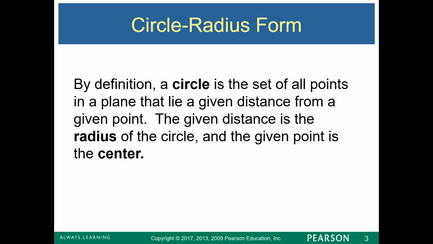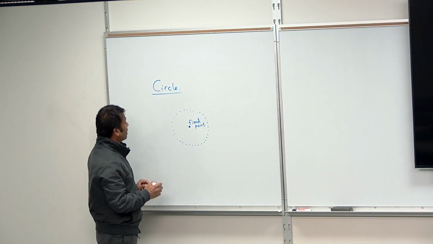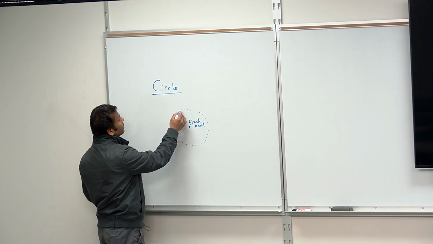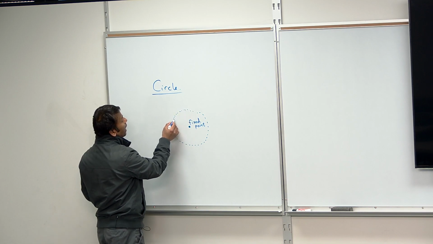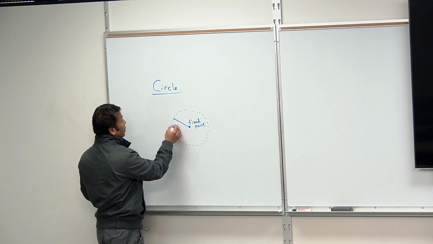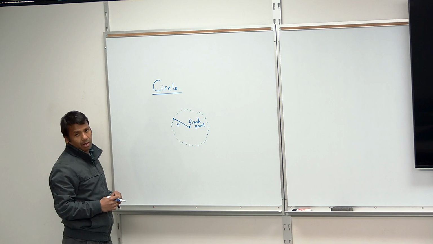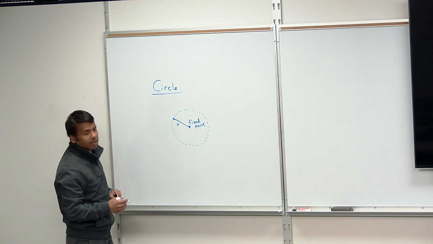So this is a fixed point. You see that? These are the set of points, and these points are at equal distance from the fixed point. So the distance is called the what? Radius, which is denoted by r. So this is a circle.